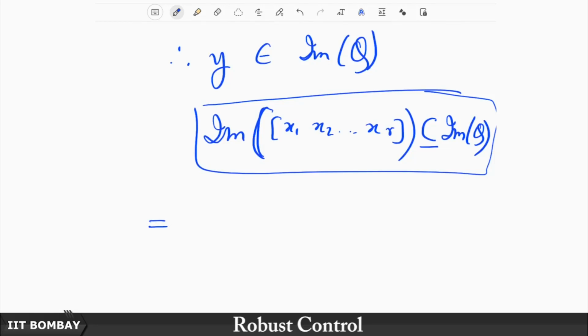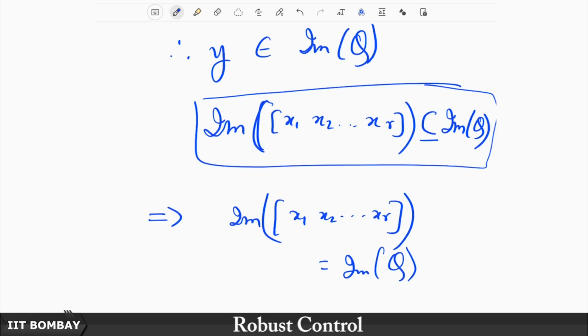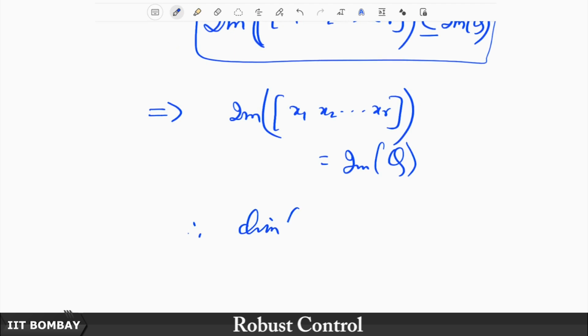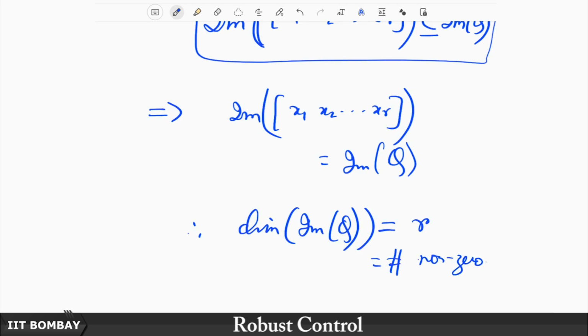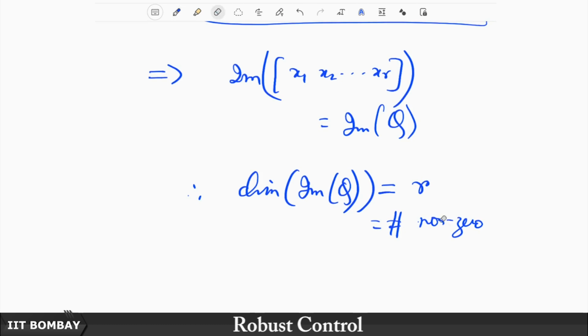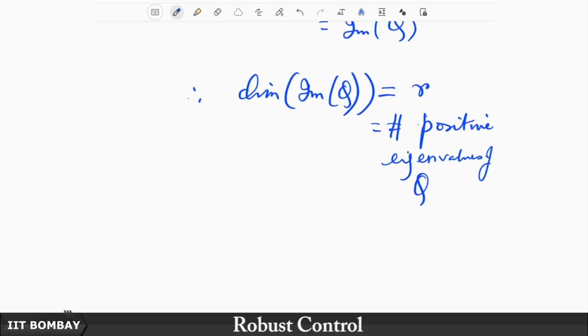So, the image of x1, x2 dot dot dot till xr is equal to the image of Q, and therefore the dimension of the image of Q is going to be r, which is equal to the number of positive eigenvalues of Q, which is a positive semi-definite matrix.